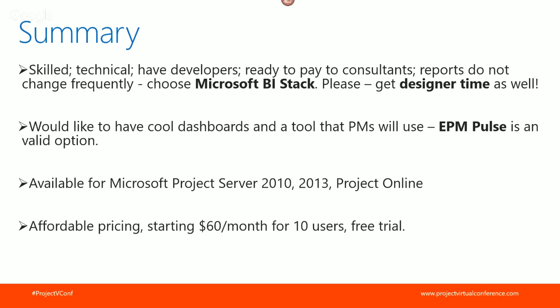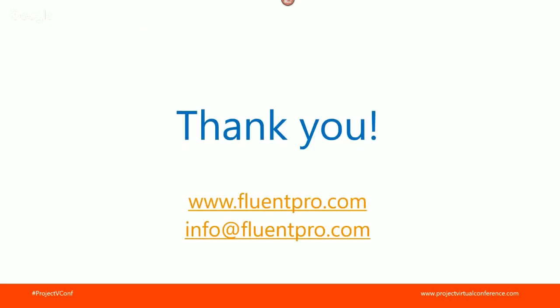And the product is absolutely not expensive. It starts from $60 per month for a 10 users package. Very affordable, and when you go to the unlimited version, it's only $600 per month for an unlimited number of users. We have a 1 month trial, so feel free to install the app. And the product, as I mentioned, is available for 2010, 2013, and Project Online. Any questions?